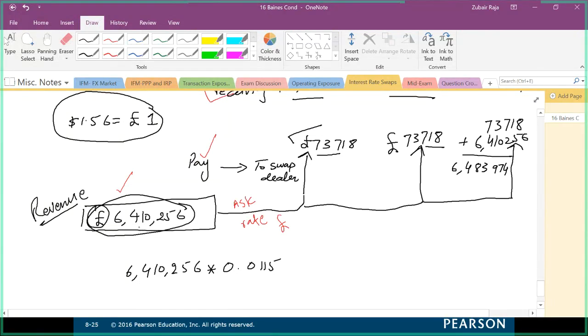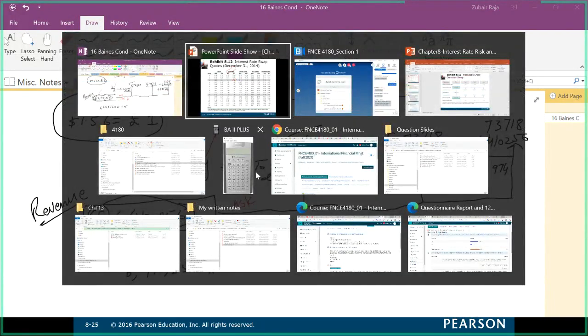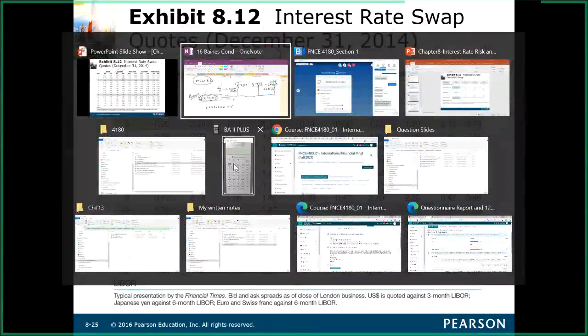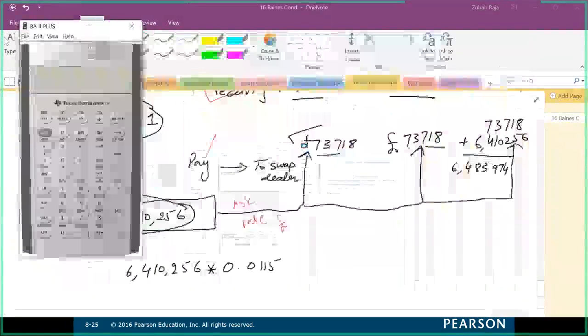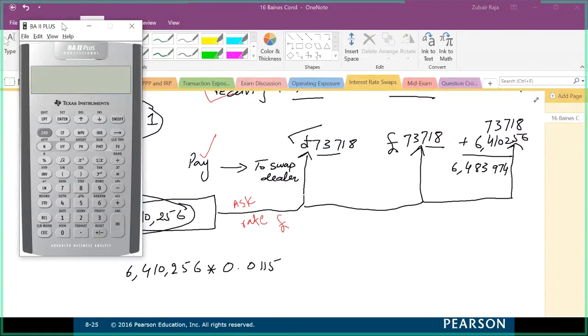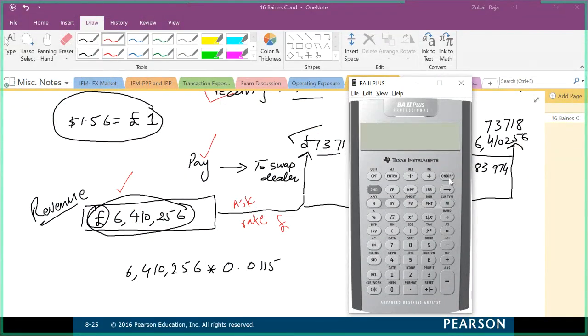So if you do the calculation, you can find out. The calculation is basically 6,410,256 multiplied by what is the payment? It's 0.0115.